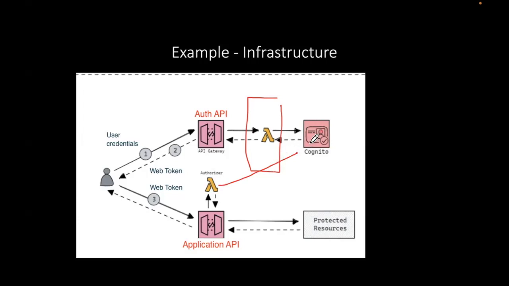And what Cognito will do here is verify that that token was generated by it for that particular user. And if it's happy, then it will respond to that effect back to this authorizer Lambda function here, which we have to write.